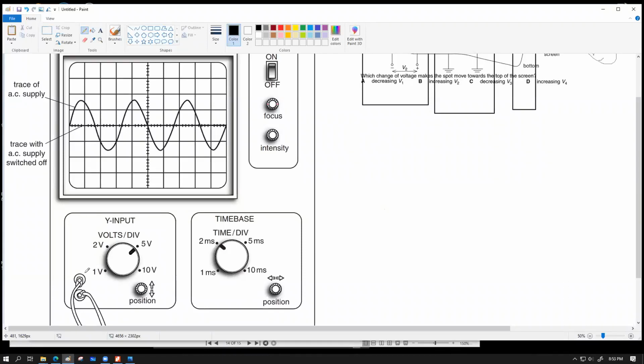So that's why for the first row, where no physical input was provided, which means the Y plates were not connected to any external signal, when the time base was off we only saw a single dot at the center of the grid.